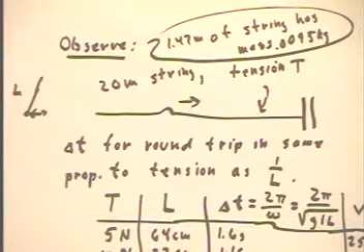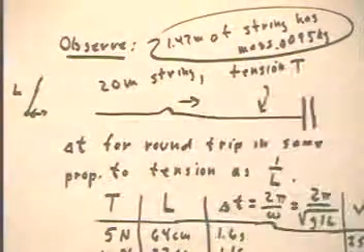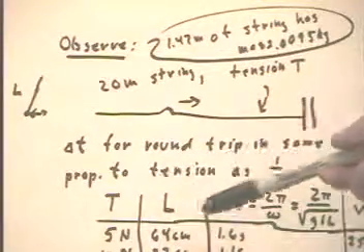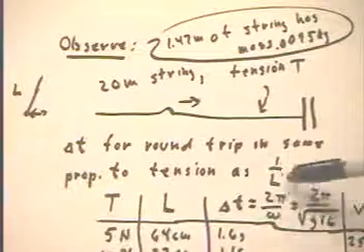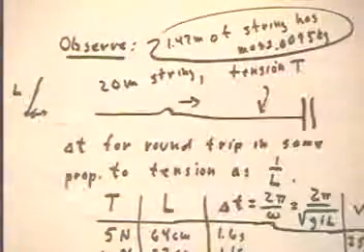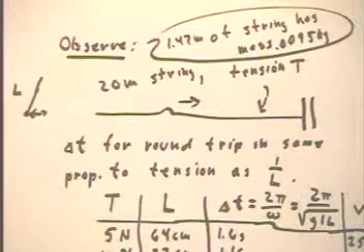The delta T, the time required for the round trip, will be in the same proportion to the tension in the string as the reciprocal of the pendulum length. Now, that's not a real profound statement.